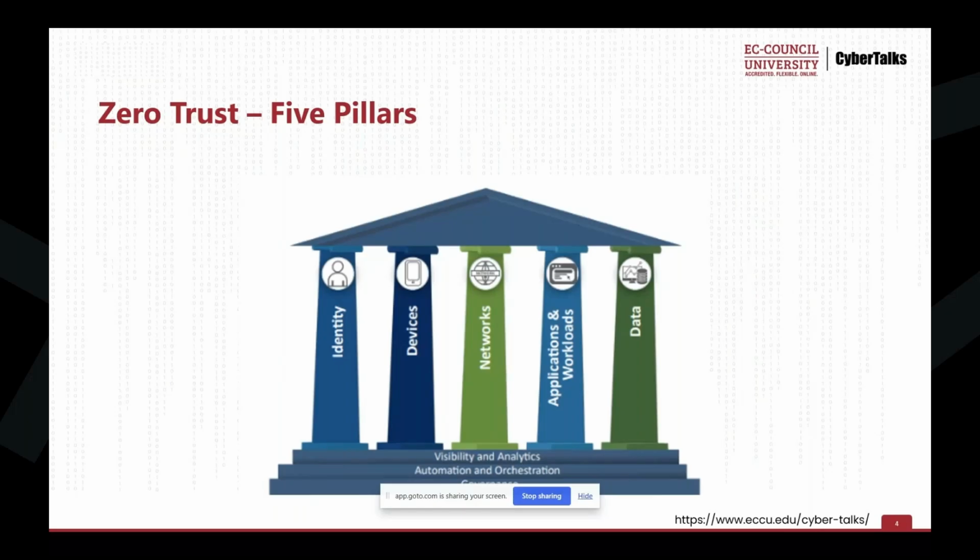You need to have your devices, which need to be authenticated, so you're not coming in from an unauthenticated device. Your network needs to be segmented and microsegmented, which we will touch upon going forward. Your applications and workloads, I think my next session will be on ethical hacking, which will look into this application and workloads part, and then at the end of it is your data.